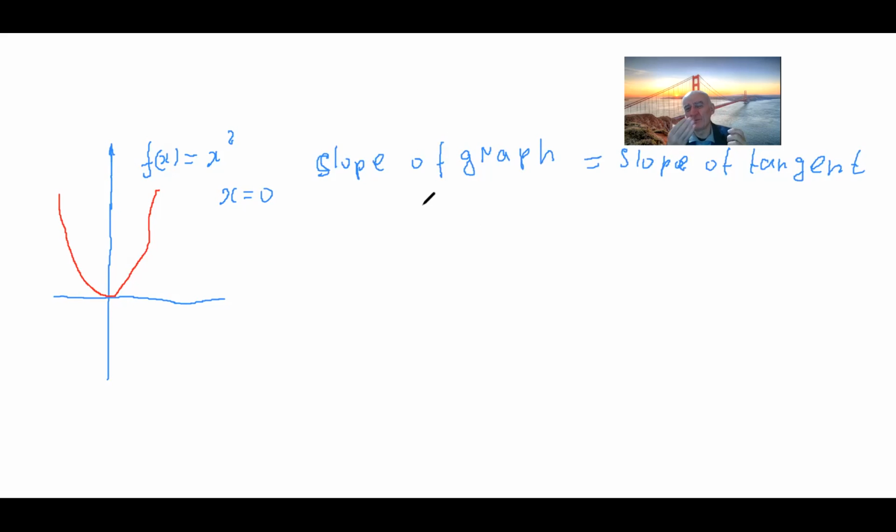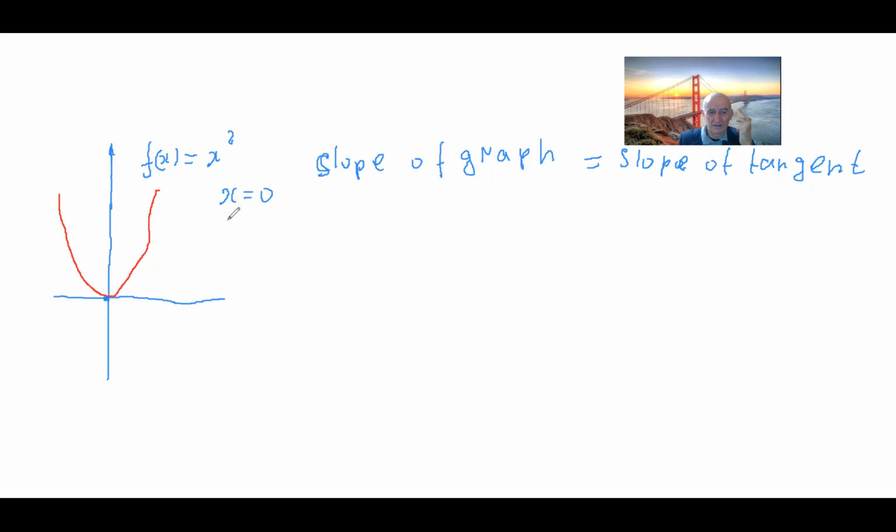It's difficult to imagine the slope of a curve, but it's easy to imagine the slope of a tangent, because the tangent is a line, and we know very well what the slope of a tangent line is. So let's first answer my question.